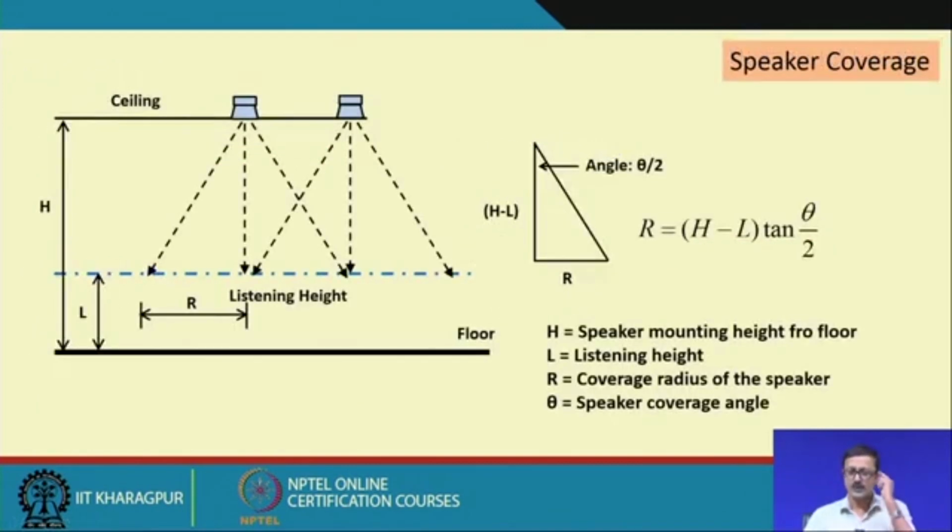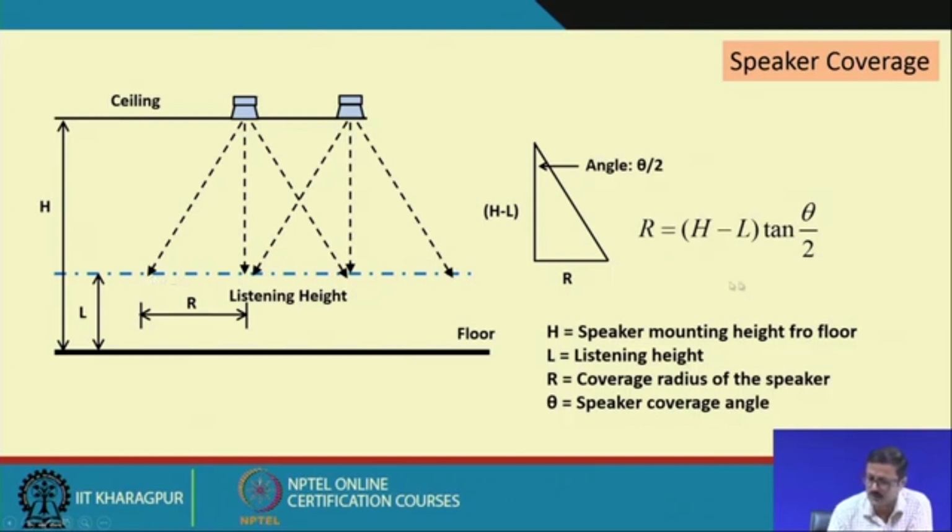So, we can design also. If I just say this r, I have to find out what r is. This is the radius of the coverage circle at the listener height. If I know this L, the listening height, which is 4 feet or something like that, and this is the mounting height h, then I know this is h minus L, and this angle is theta by 2, and this is my r.